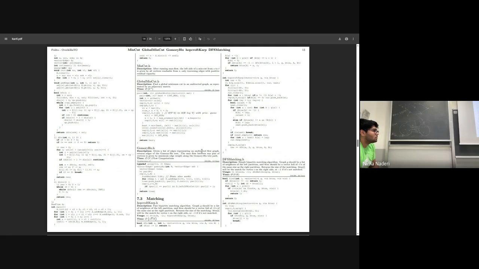Yeah, flow is not that fast. Really? Yeah, it's not linear. It can kill problems. Okay, we can check it out. Let's check it now.